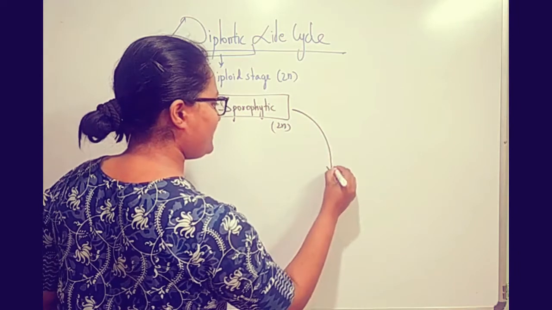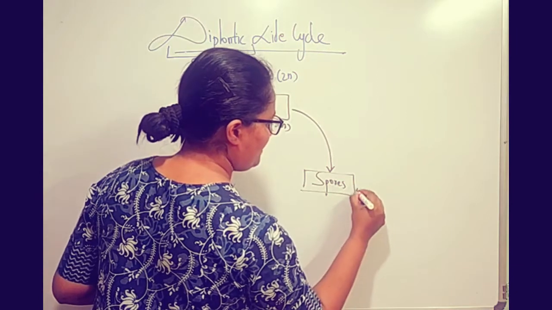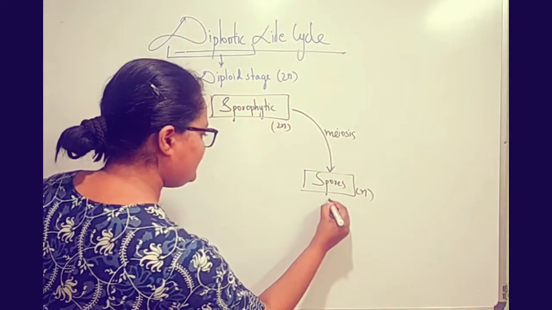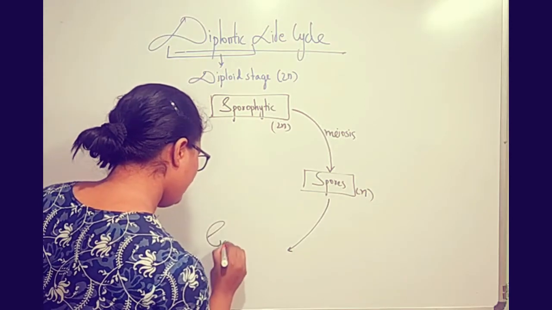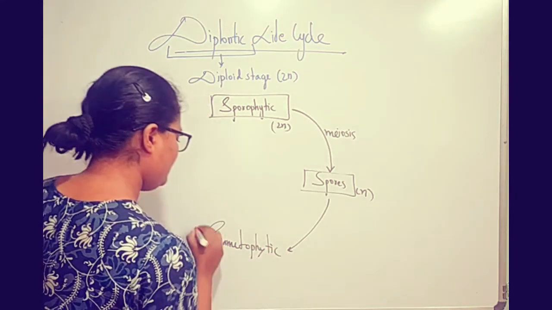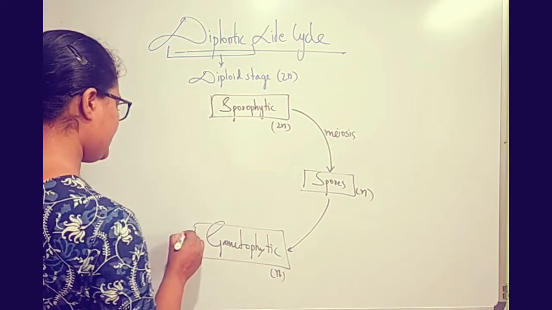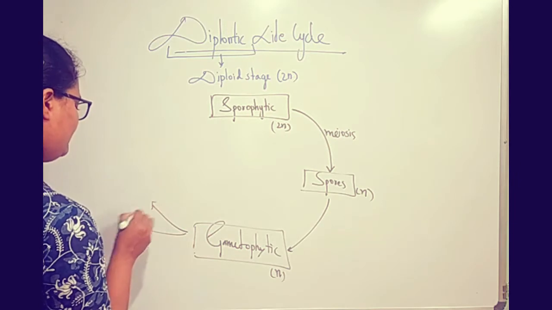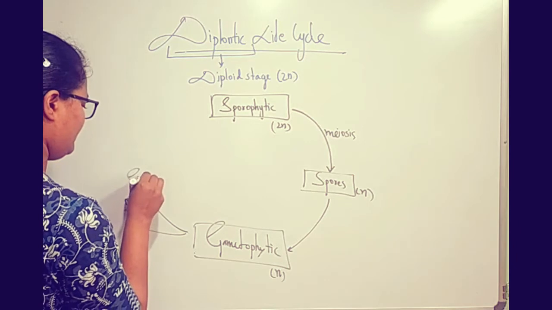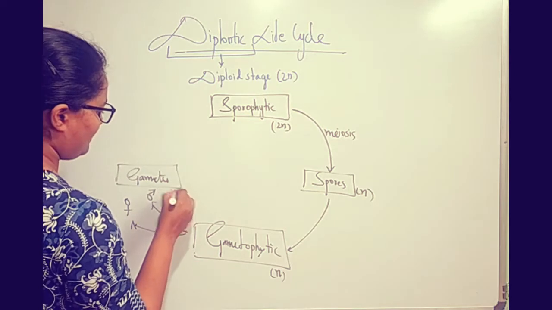These sporophytes form spores, which are haploid, by the process of meiosis, and these spores form the gametophytic generation, that is our haploid stage, and they form male and female gametes, which are again haploid.